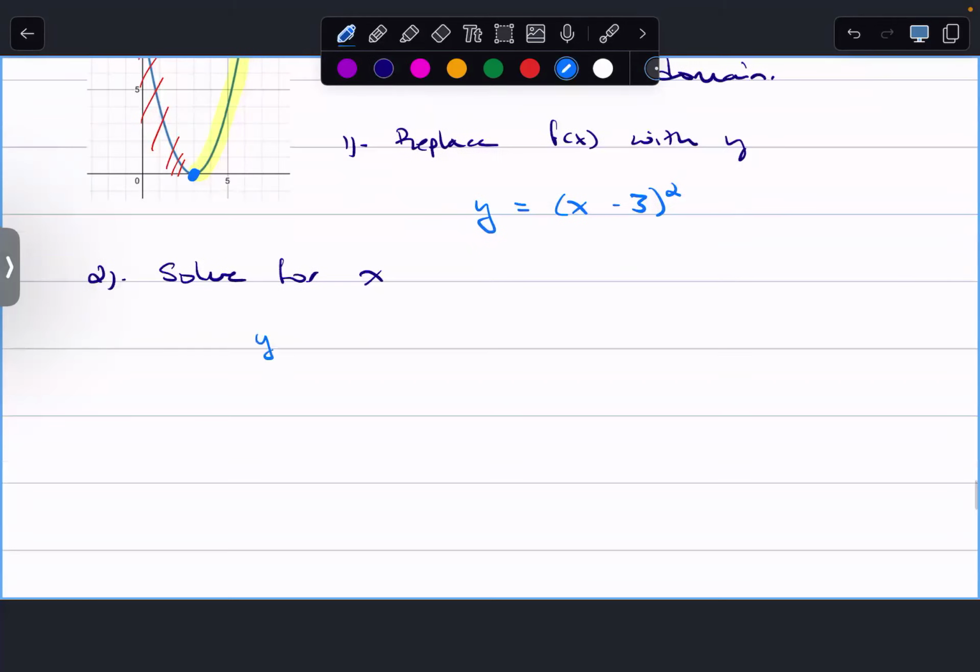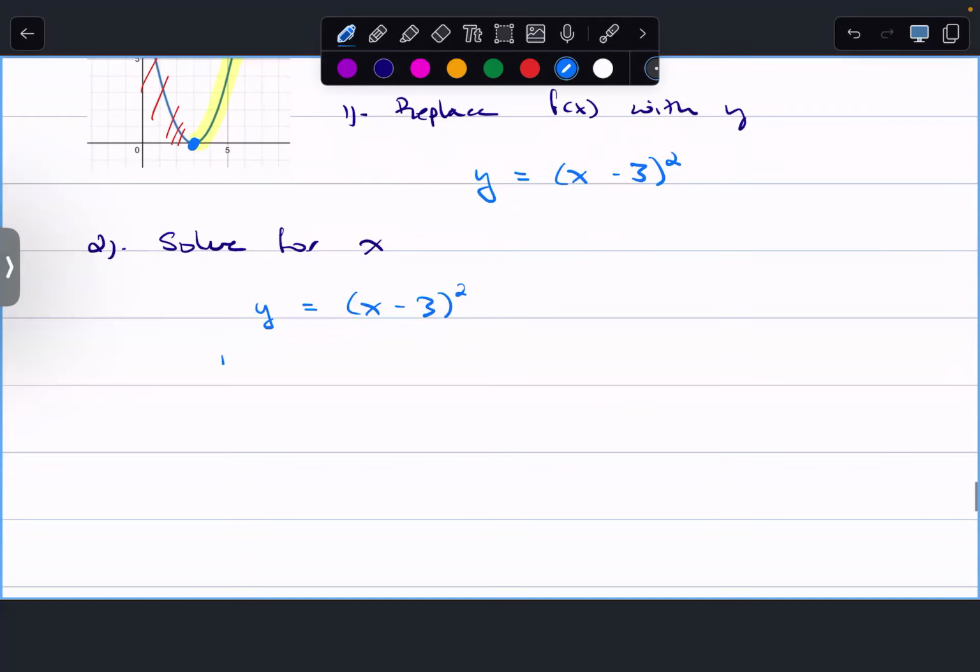So if I start with y equals x minus 3 squared, I'm trying to get x on its own, then I'm going to take the square root of both sides. So that means I get plus minus the square root of y is x minus 3.